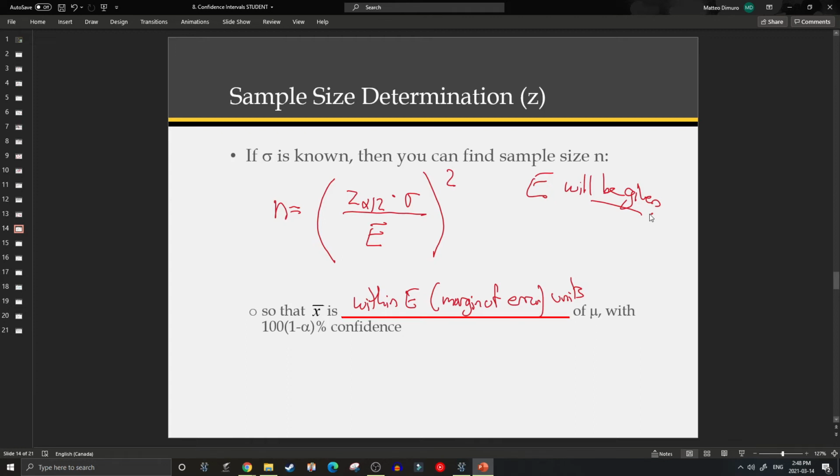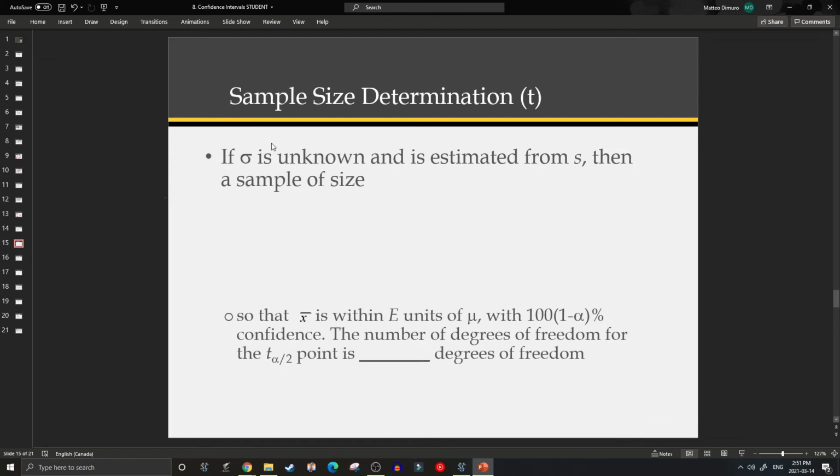You won't have to figure that out. Let's try one. We've got the same formula, but for the t-table. If we don't know sigma, we're just going to use the standard deviation from the sample. Then same formula, just using the t-table, times S divided by E, squared.